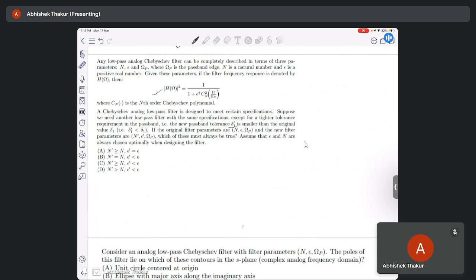So let delta 2 be the stop band tolerance for both filters, and let us define some quantities.